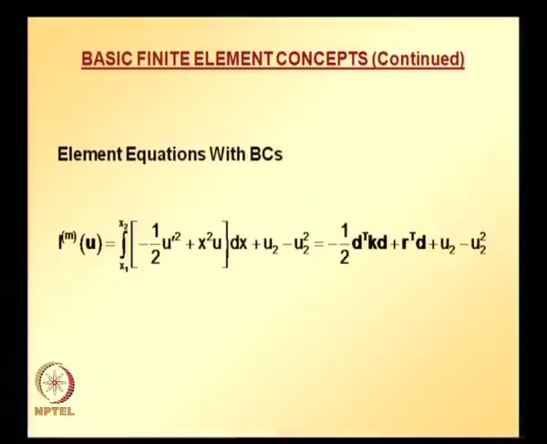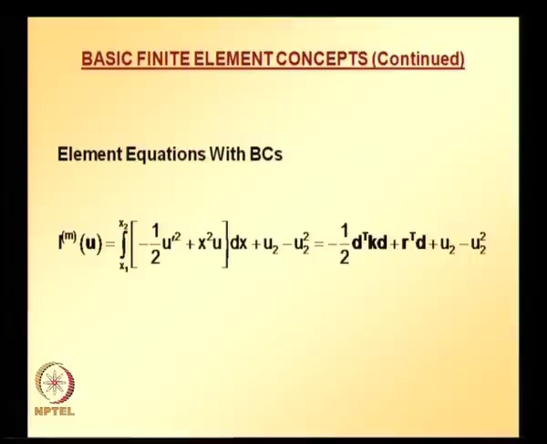Now you substitute the first integral, whatever simplified quantities you already obtained, that is minus half d transpose k d plus r transpose d, which is similar to what you just derived for element equations without boundary conditions.